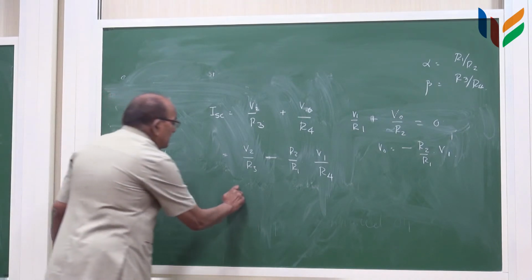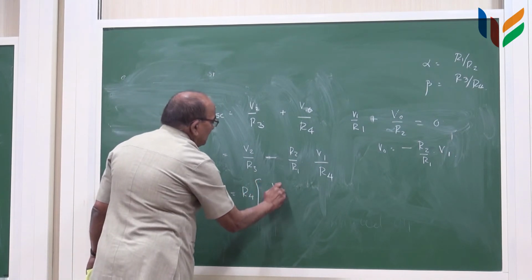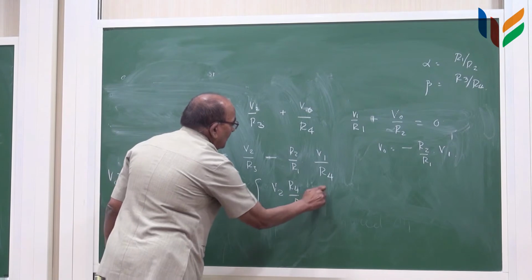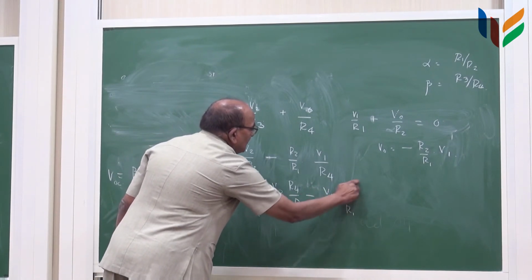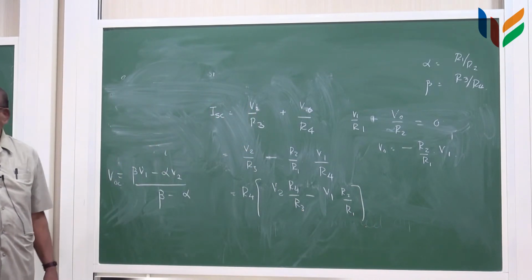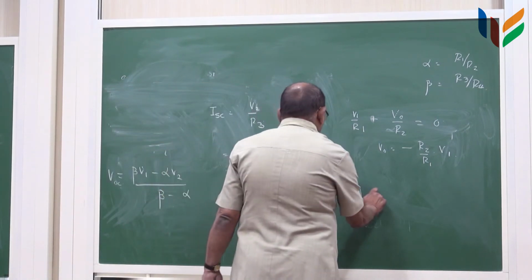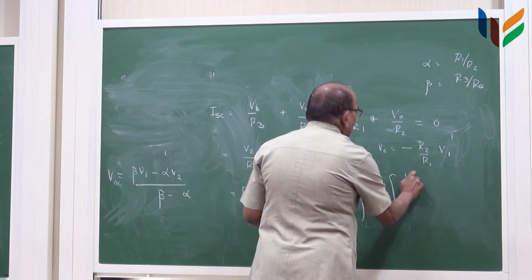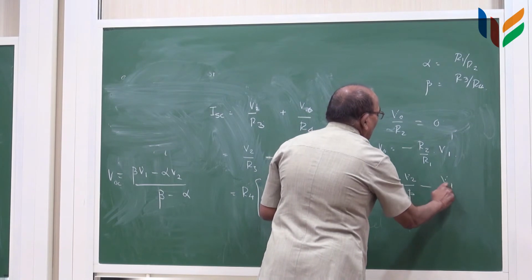So if I take this out as R4 into V2 into R4 by R3 minus V1 into R2 by R1, which is equal to R4 into V2 by beta minus V1 by alpha.